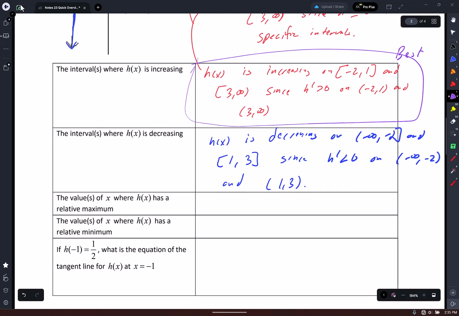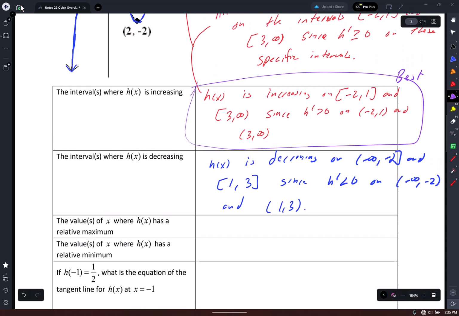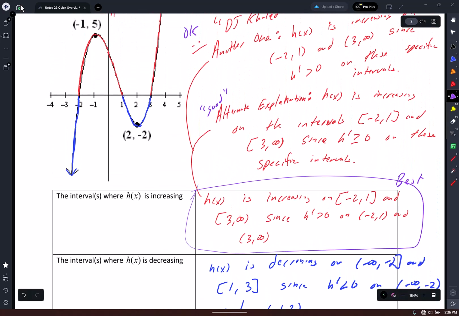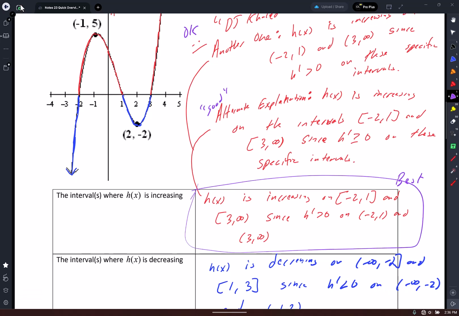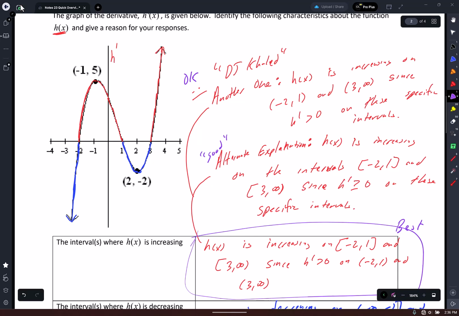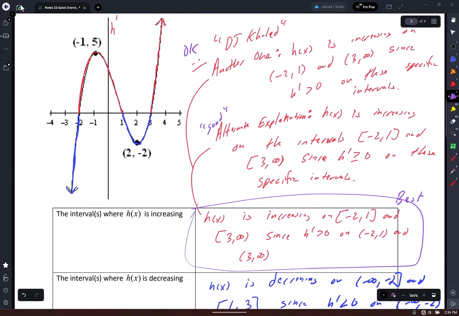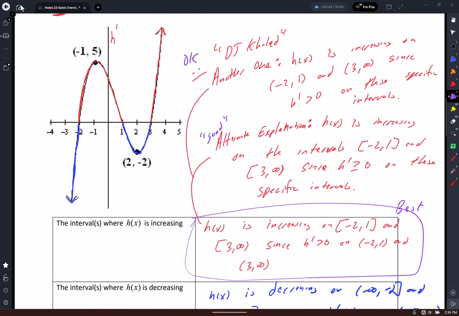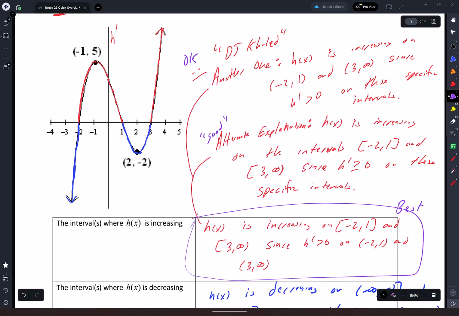All right. The values of x where h of x has a relative maximum. We'll have a maximum whenever h prime changes from what to what? Positive to negative. So where does h prime change from positive to negative? Just that one. Is that the only one? Yeah, that's the only one, because you read the graph left to right.